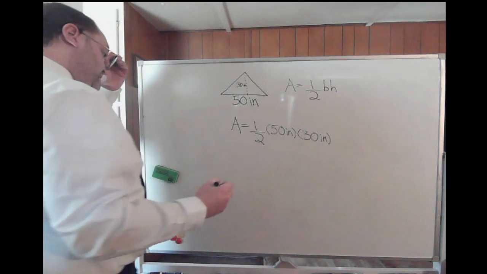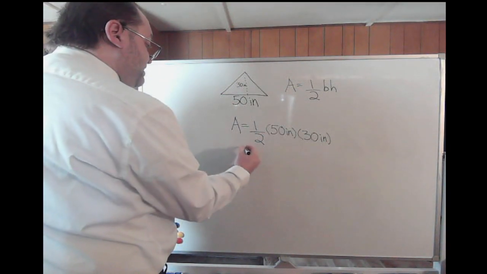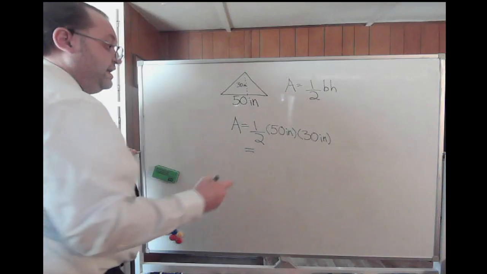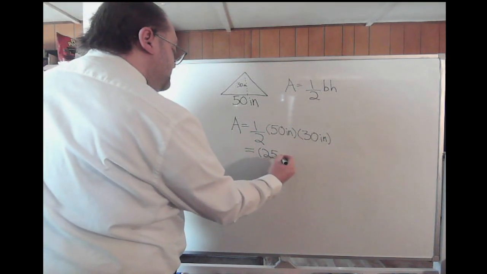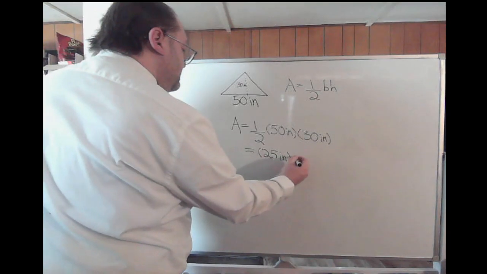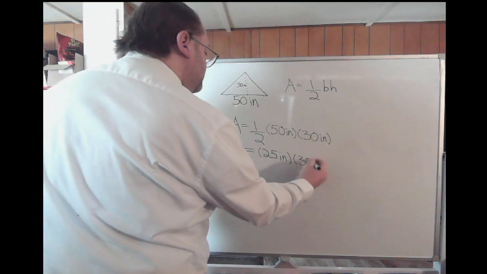Okay, so 1/2 of 50, we're just going to multiply from left to right. Half of 50, well, that's going to be 25 inches times 30 inches.